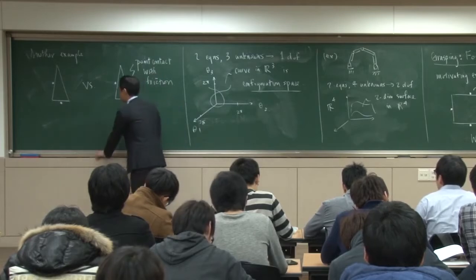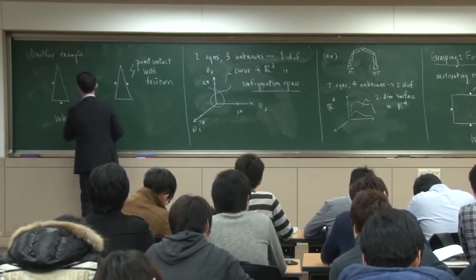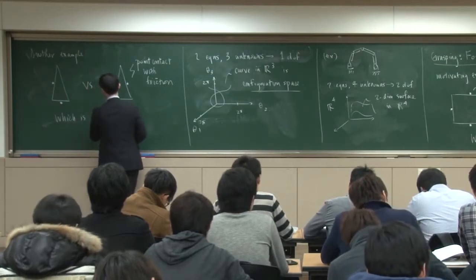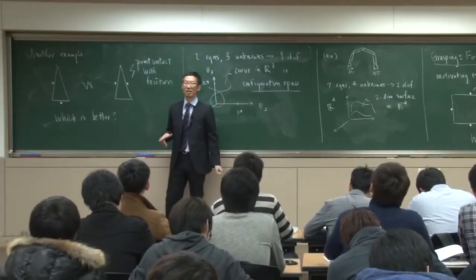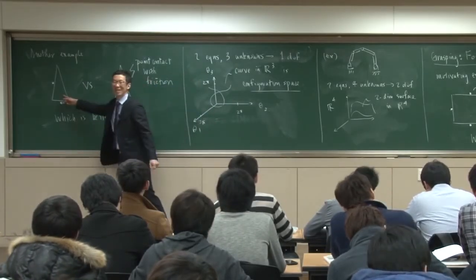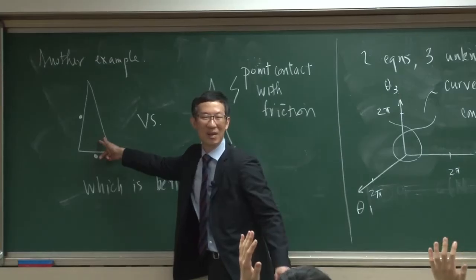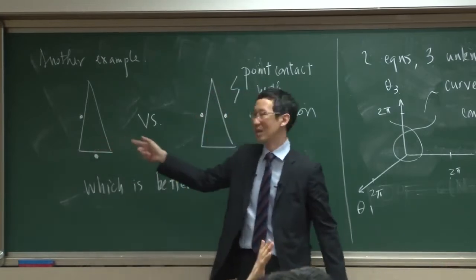All right, so let me ask the same question here. Which is better? Should we try a vote again? How many vote for this? Looks like about 15 or so. How many vote for this?